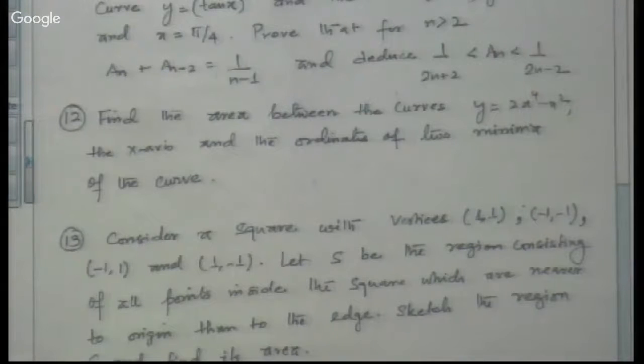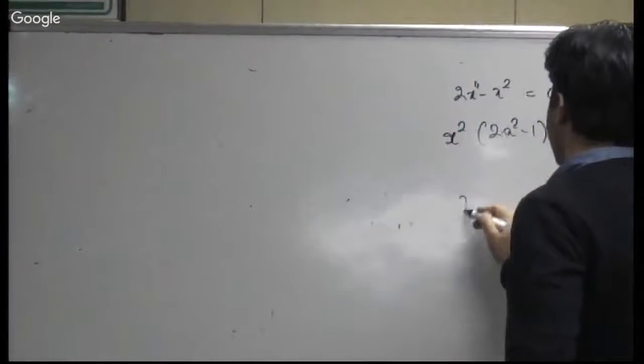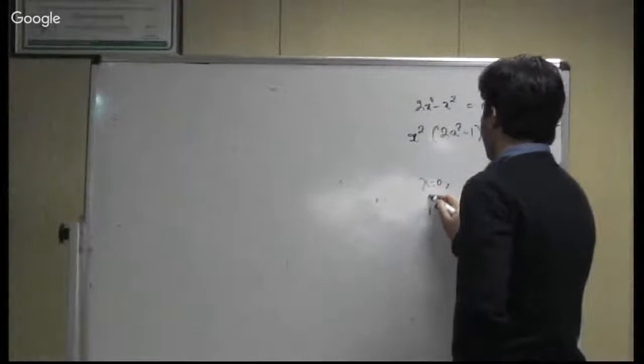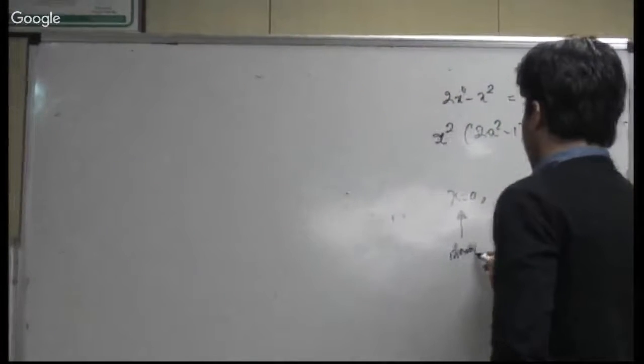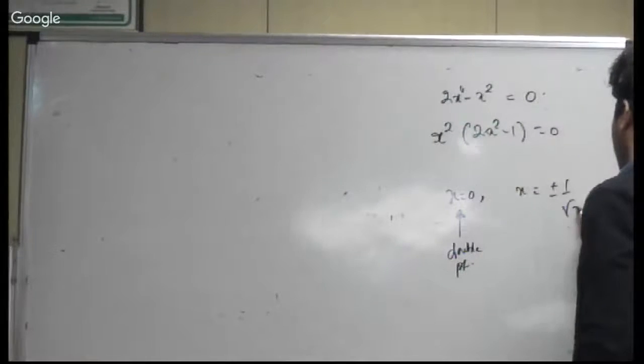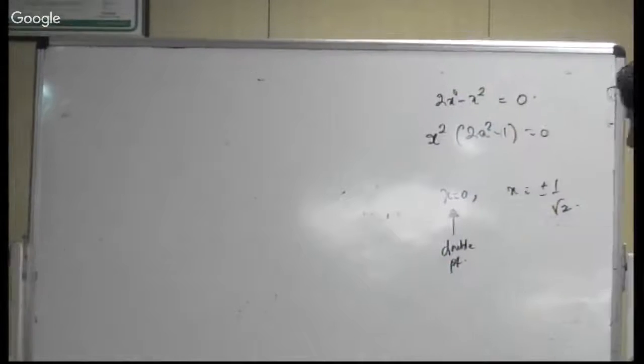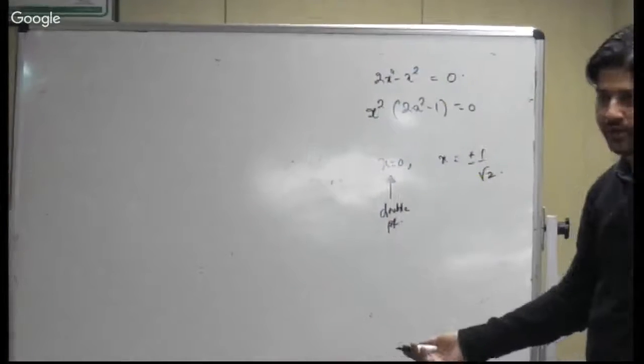And I see the point of intersection. If I say 2x to the power 4 minus x square is equal to 0, I'm going to take x square out, so this will be 2x square minus 1. So x is 0, and it's a double point, and x is equal to plus minus 1 by root 2. I must find the critical points as well.